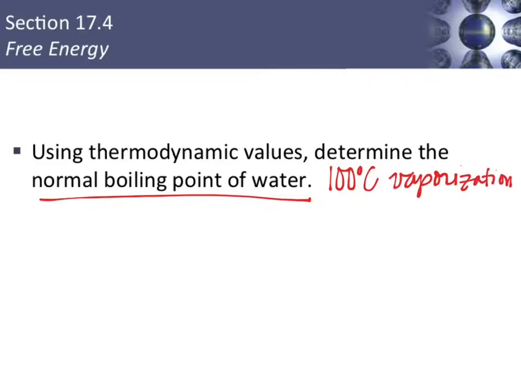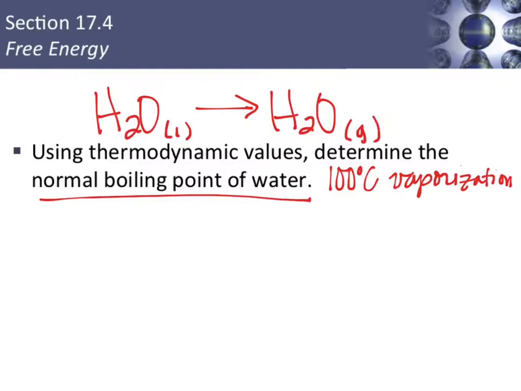Now, the equation for this is water going from liquid to a gas. So delta G is equal to delta H minus T delta S. This is a phase change, so delta G is 0.